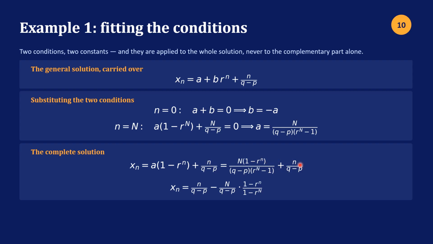And I just carried this over. Then the next line, we could have stopped here. This is just a little bit of a reconfiguration. I put this first, and I wrote this a little bit more neatly here. Okay, so that's our final solution given the initial conditions.